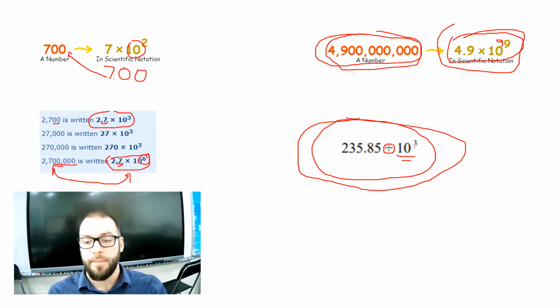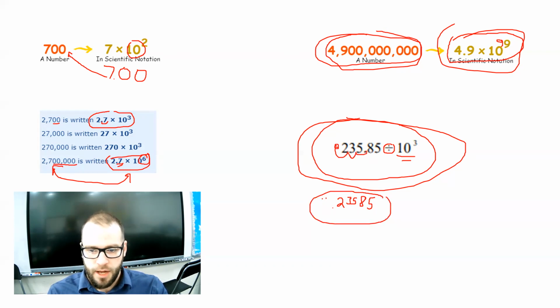But when you divide it by 10 to the 3rd power, instead of moving the decimal right, every time you divide, you move it left. So 1st power, 2nd power, 3rd power. So this answer is 0.23585, which is small, which is very small.